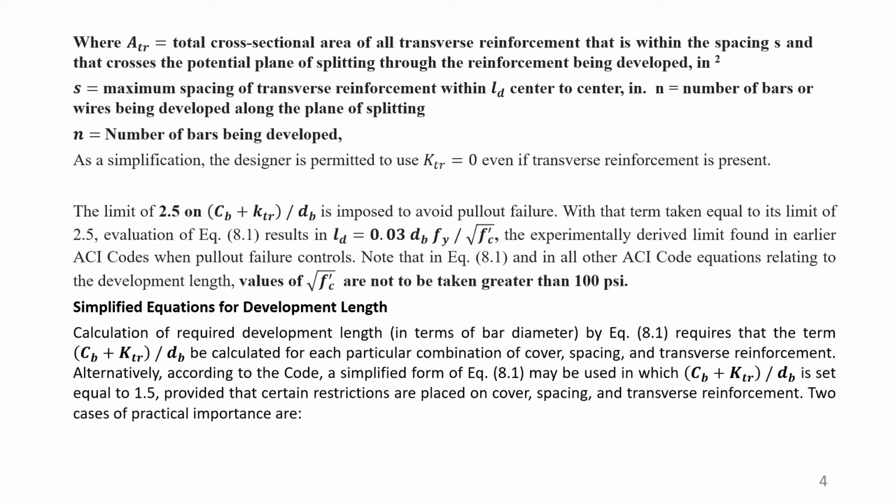Then, though the development length from the simplified equation will be a little more, it will not be too uneconomical, because we can use the simplified equation if we want the more rigorous calculation to be avoided.